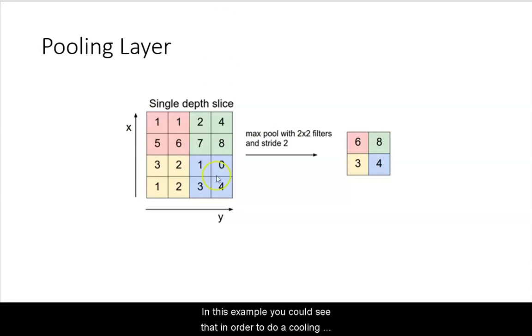Now, in this example, you could see that in order to do a pooling operation, I have used a window size of 2 cross 2 and a stride of 2. So obviously this would be my first window, which is shown in pink color, and since I have chosen a stride of 2, it will jump to this particular location.